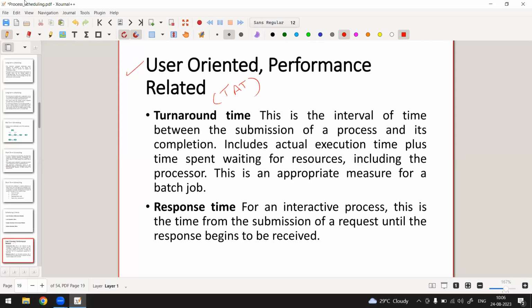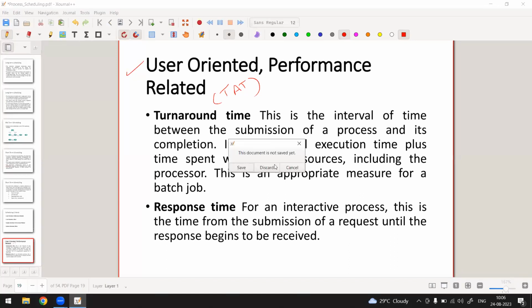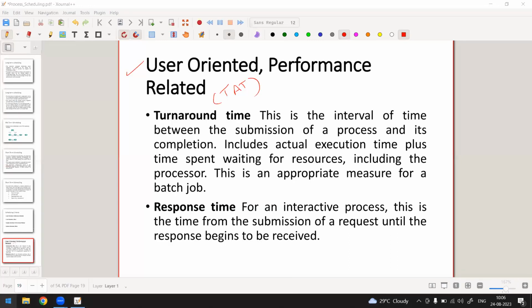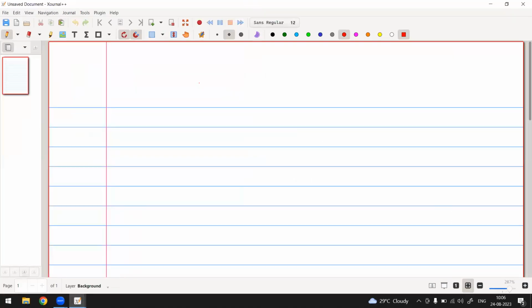Now let's understand what turnaround time is. Let's say the process is submitted to the system, and this is my timeline.